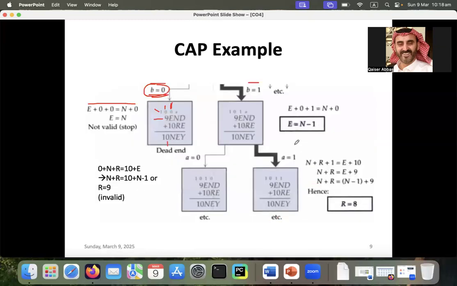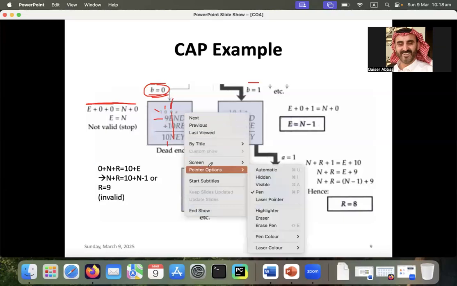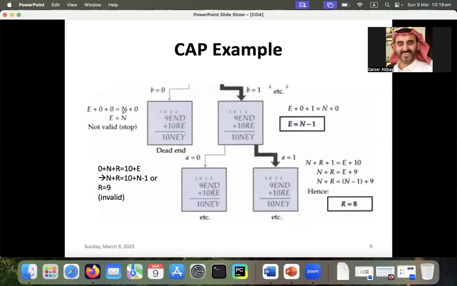So after putting these values, you have E plus 0 is equal to N plus 0. You can put the values you have in this situation on this column, just put them in: 0 plus E plus 0, plus N plus 0, and now I can remove these. So after putting the values, you have E is equal to N.